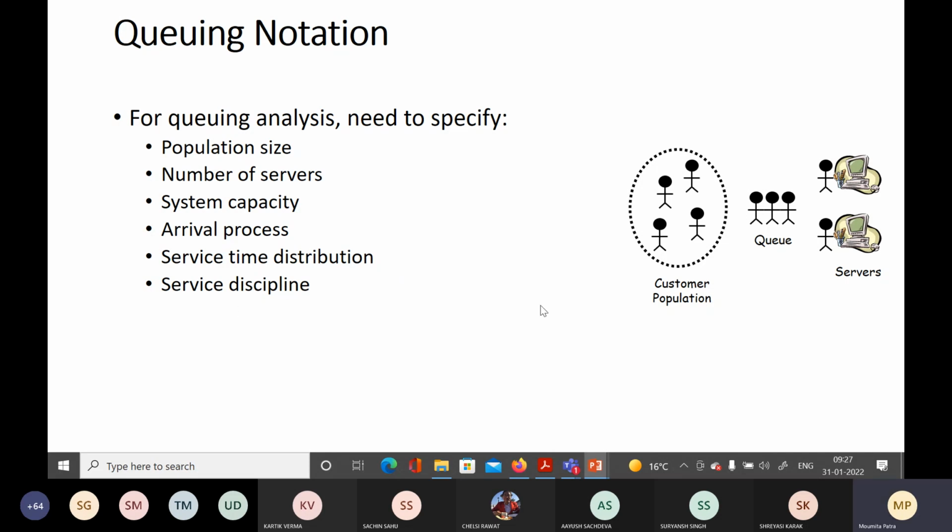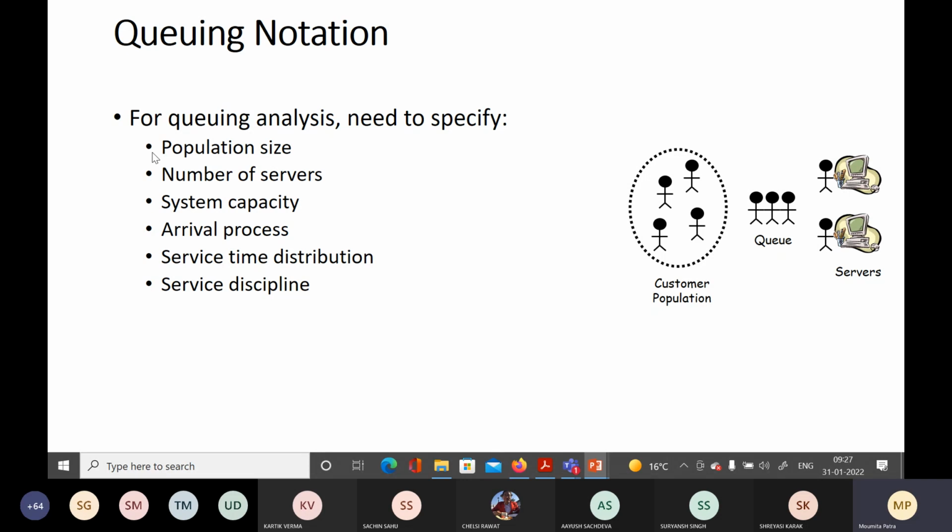Then what is the service discipline? That is the scheduling that I was talking about. That means whether customers are served on a first come first serve basis, or some other kind of scheduling discipline. So these are required for representing a queue.